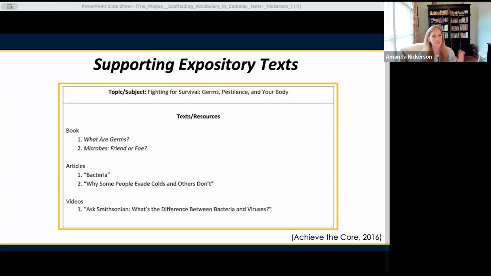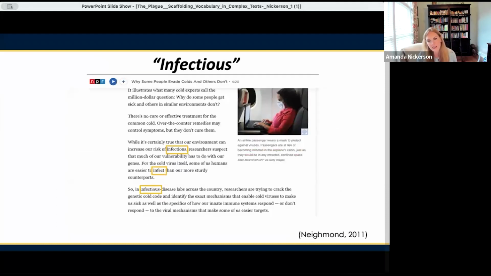And those videos and simpler articles can help build background knowledge about this concept so that when we're reading a complex text like The Plague, students have some background knowledge. They have some of that mental Velcro that we're hoping to establish in their brains to make all the other learning really sticky.